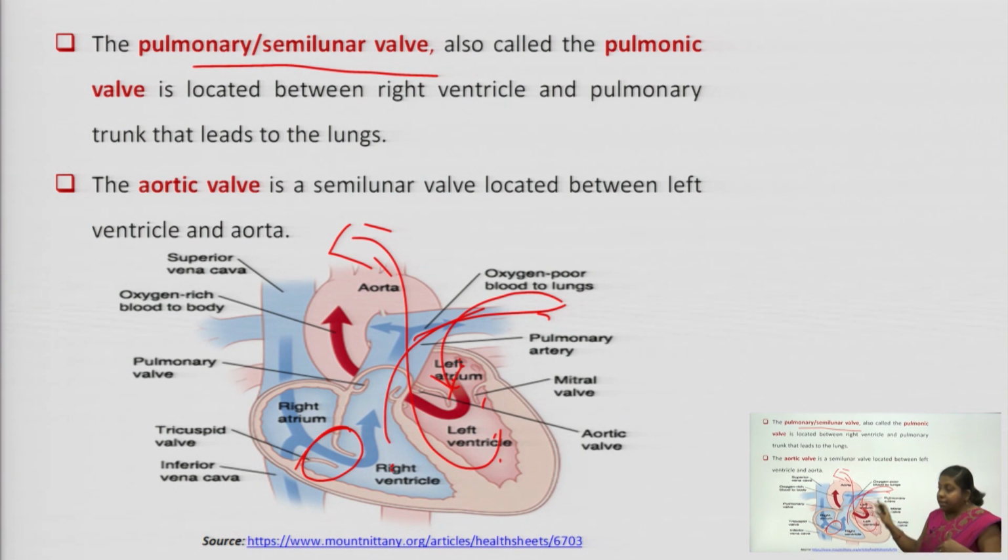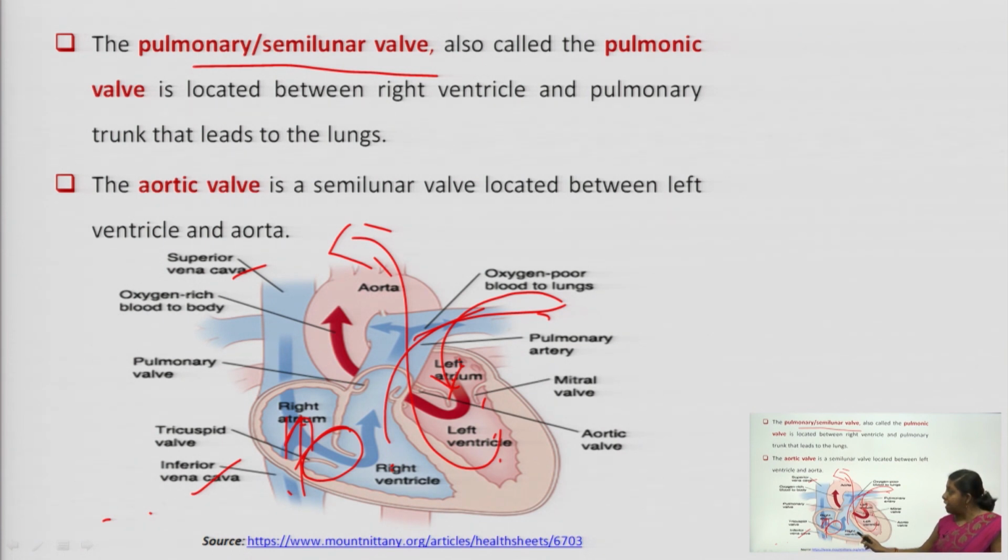So, in this picture we can again see that the first point is the superior and inferior vena cava, which take the blood into the right atrium. From the right atrium, the blood enters your right ventricle by crossing the right atrioventricular valve.